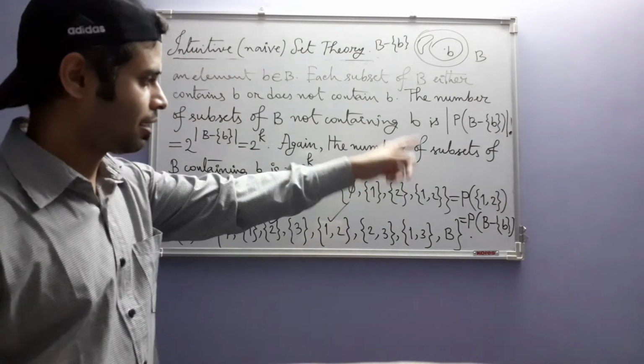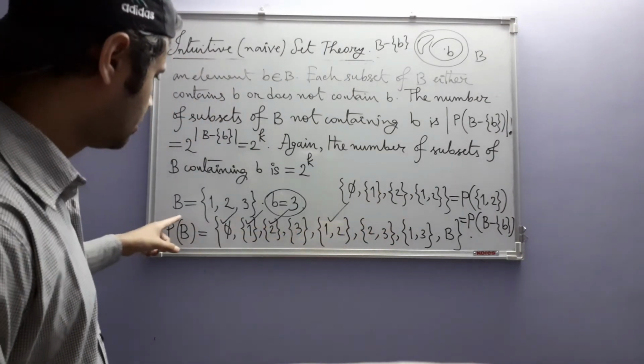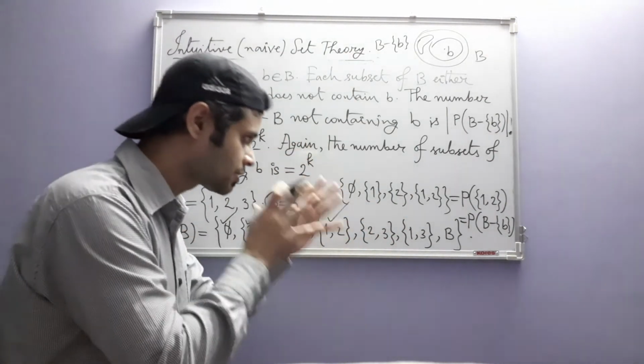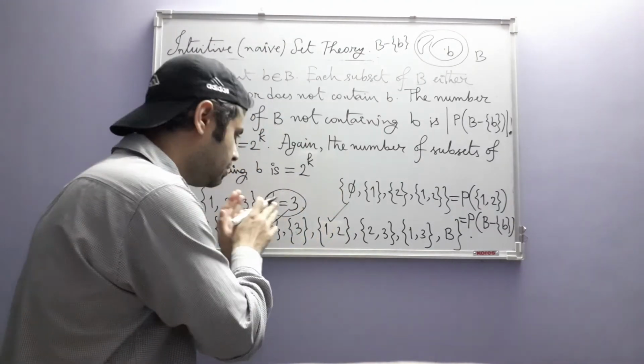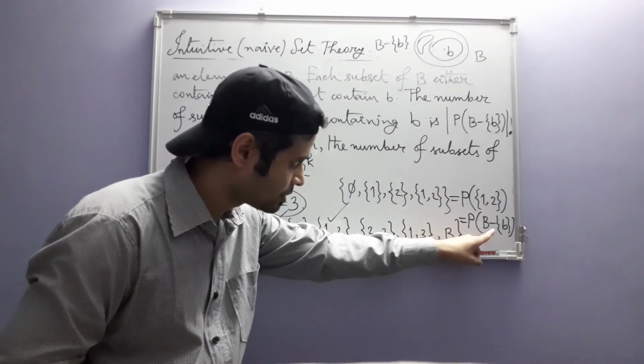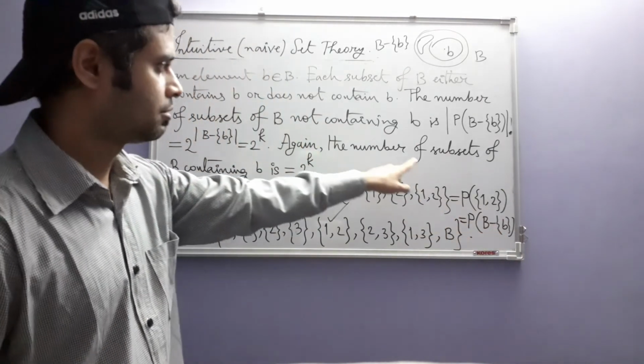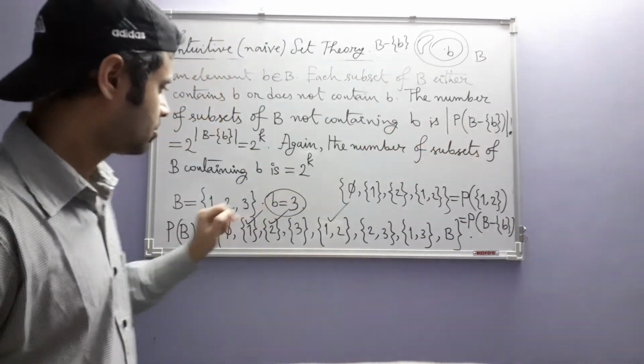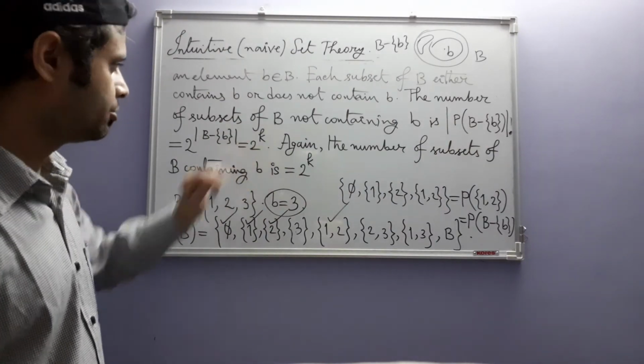That's why the number of subsets of B not containing 3 is the number of subsets of B minus b. Okay, so that is equal to 2 to the power k.